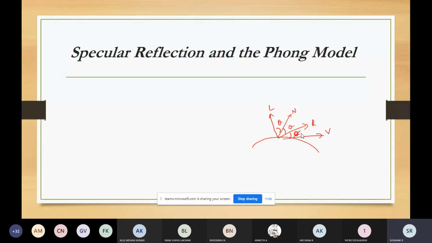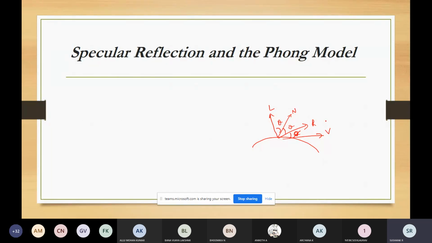Here we are using four vectors: L, N, R, and V. What is L? L is the unit vector directed towards the point source. N is the normal surface vector.